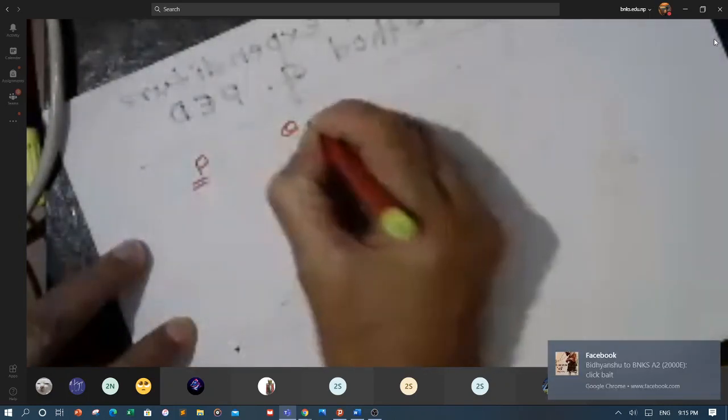Now, if the good is relatively inelastic, what will happen to the total revenue with the decrease in the price? Let's see the total expenditure method. Price, quantity.